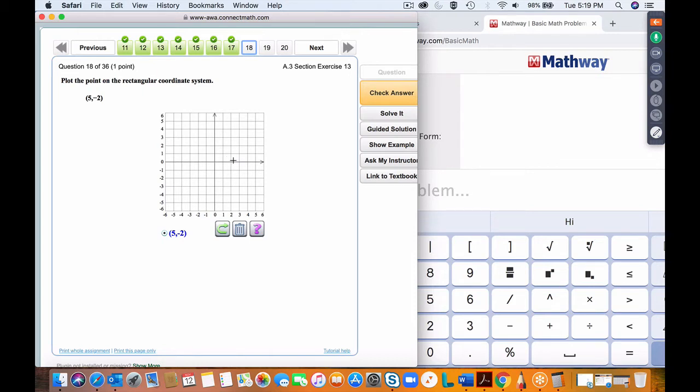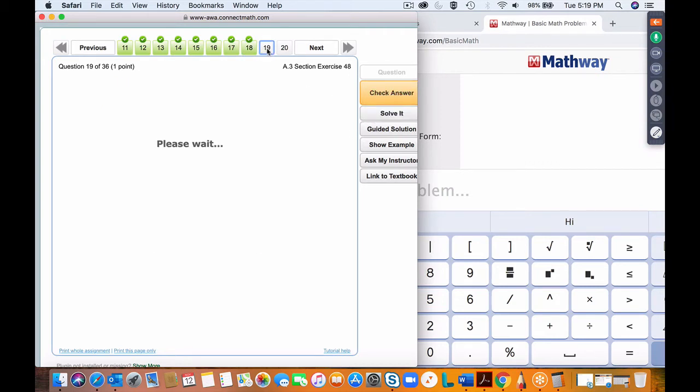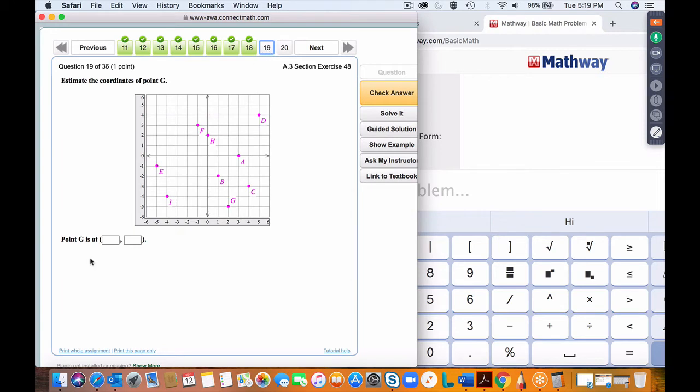So 1, 2, 3, 4, 5, and then go down to this point, and we click, and that's it. That's all we need. Similar for the next one, we just look for the point G. G has the coordinates 2 and negative 5.